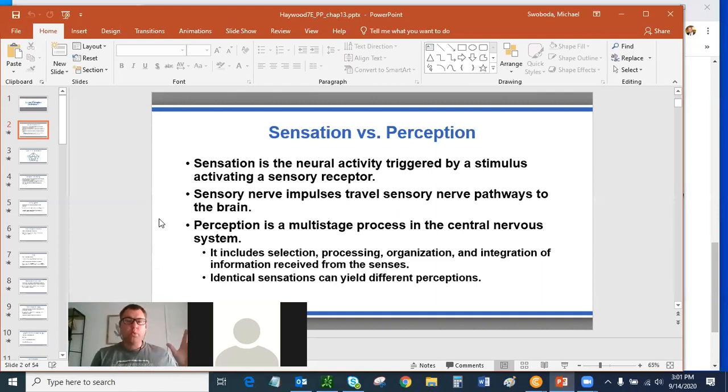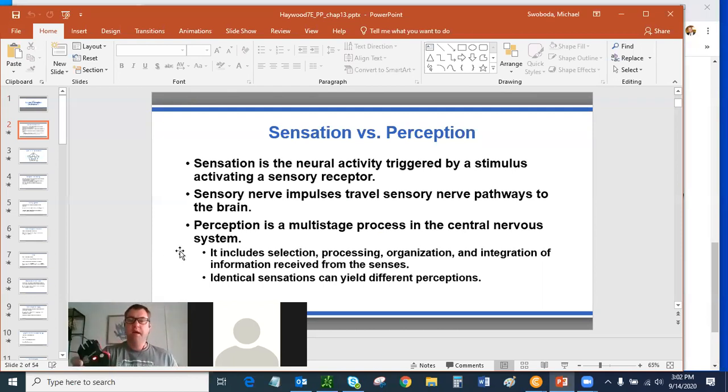Now, we've talked before about the difference between perceptions and sensations or senses. A sensory response is something that's triggered from something outside. So think of your sense of touch. I touch something, say, this mouse.